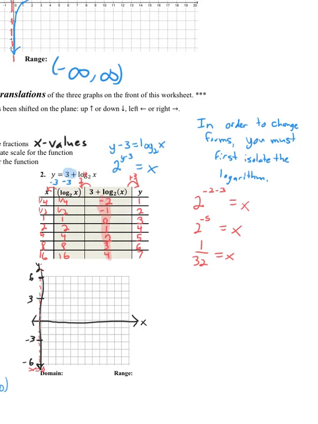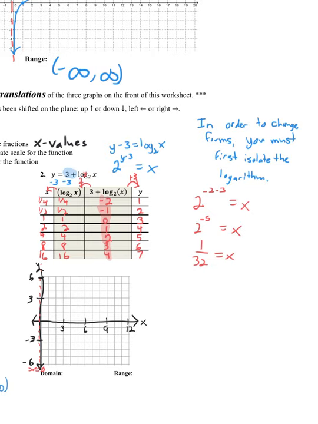Okay, so when I plot these points, I could just scale by 1s this time, and that would exclude my last value of 16, but that's perfectly fine, I think. 1, 2, 3, 4, 5, 6, 7, 8, 9, 10, 11, 12. I'm still going to have 6 points on my graph here.